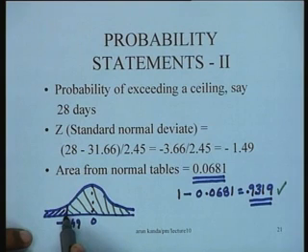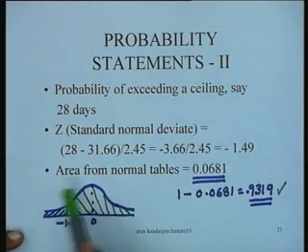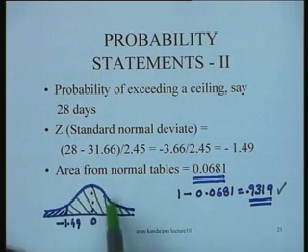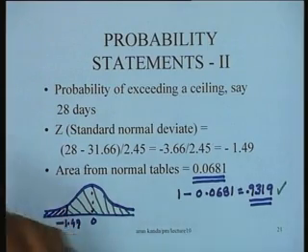So the probability that the project will take more than 28 days is in fact 93.19%. Depending upon the interpretation, you have to suitably interpret the values that you obtain from the tables. So this is the kind of computation that you can perform to find out the probability of exceeding a ceiling.